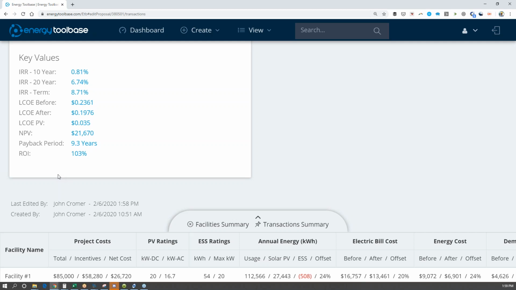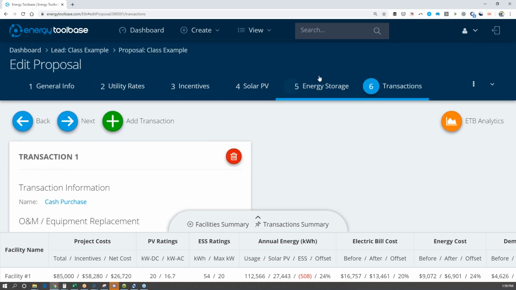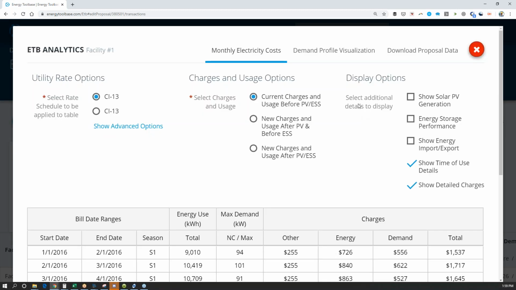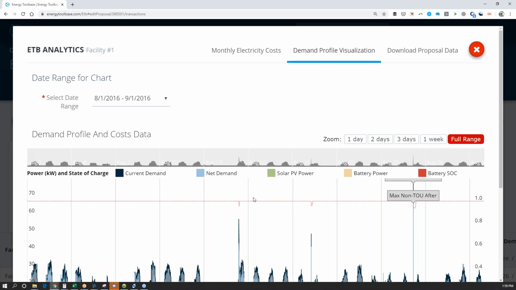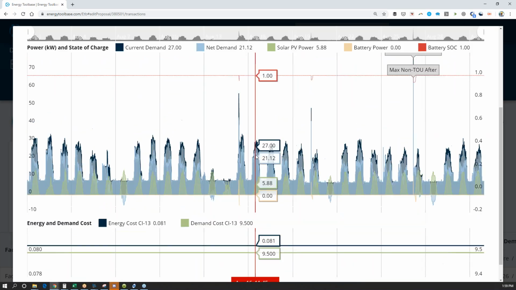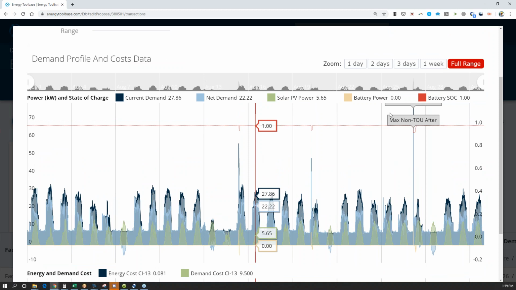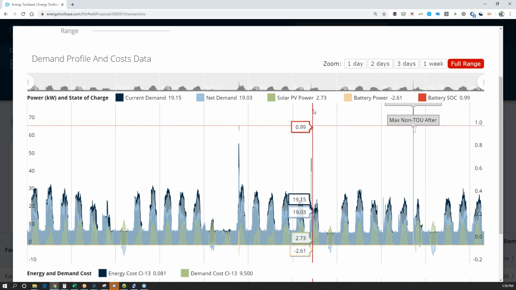In terms of which can produce better paybacks, it really comes down to which kind of spiky load you're trying to level. And if that spiky load is incredibly spiky, like we see for this building whenever their electric heater kicks on, it's a load that is really less than 2 hours a day.